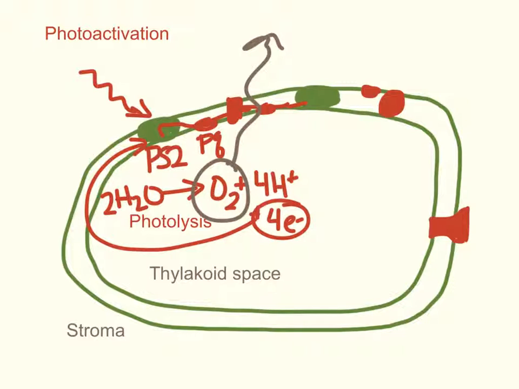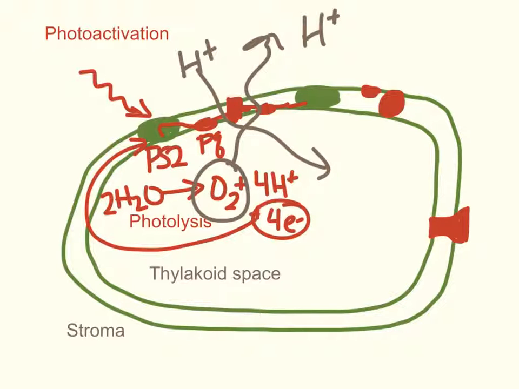The electrons go through the electron carriers, beginning at plastoquinone and then being passed through a variety of carriers. As that process is happening, just like in cell respiration, protons are taken in from the stroma of the chloroplast and brought into the thylakoid space.